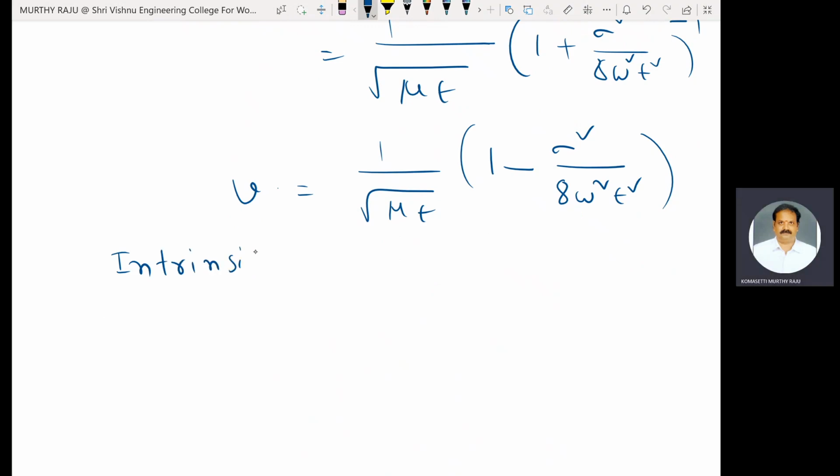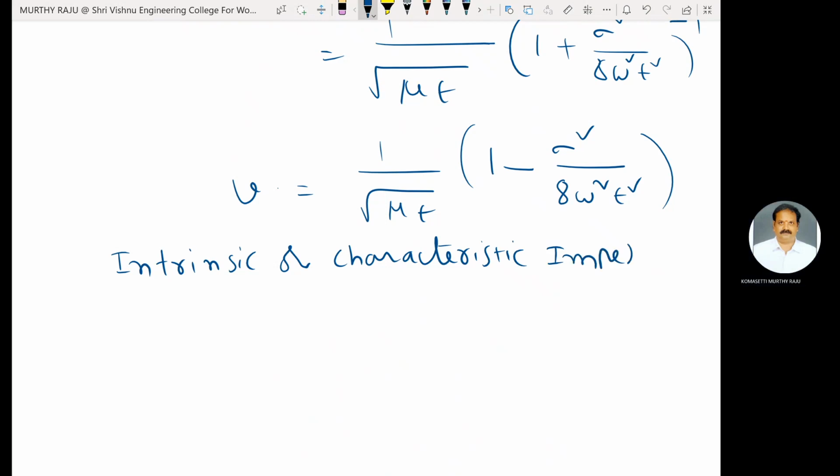Intrinsic or characteristic impedance of a general medium.